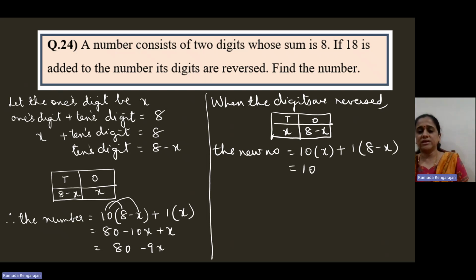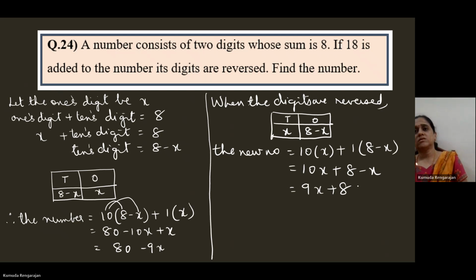So 10 into x is 10x, plus 1 into anything is the same thing. Now simplify the x terms. 10x minus x is 9x, plus 8. So we have the expression for the ones digit, tens digit, original number, new number. You should have all this.